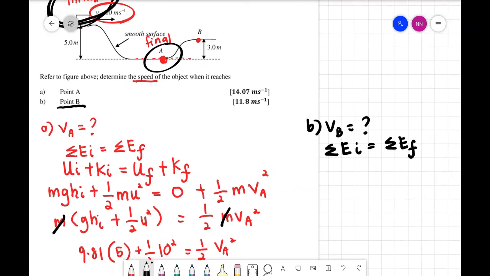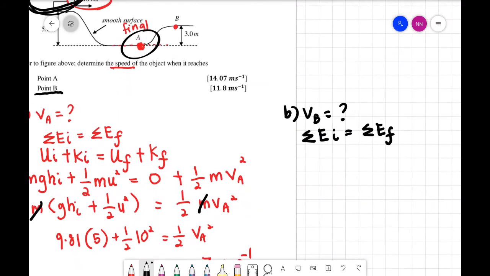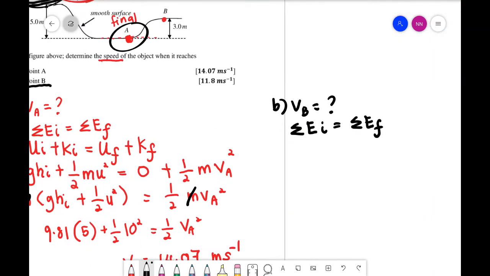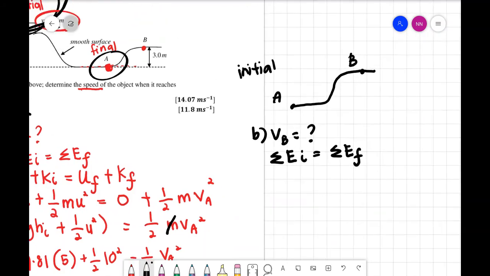I want to use point A as the initial position. This is point A and this is point B. Point A is initial and point B is final now.